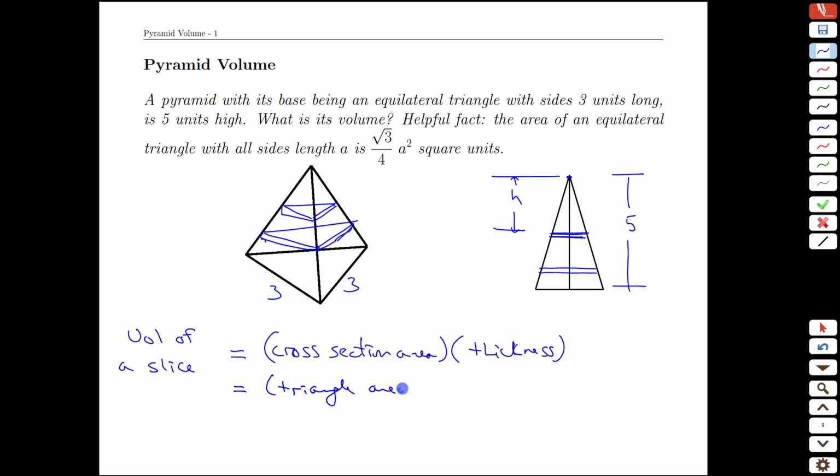And the thickness, going by the intuition that we've built before, if h is what we're calling the distance from the top here, then the thickness of the slice is going to be a small increment of h. If you look back at earlier examples, you'll see that same kind of structure with x and delta x, y and delta y. So our thickness in the formula here would be delta h.